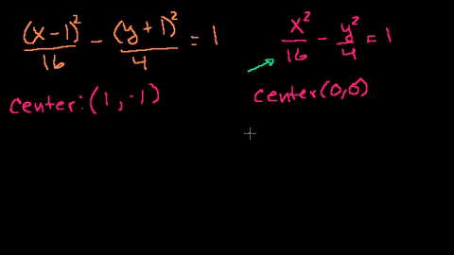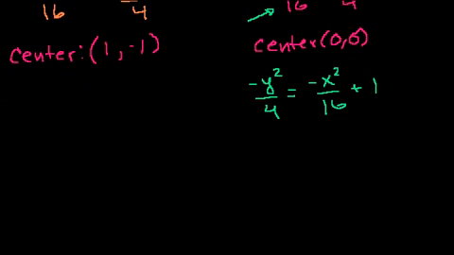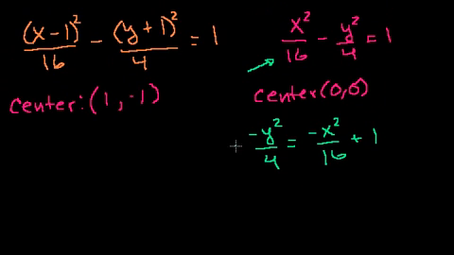So we get minus y squared over 4, subtracting x squared over 16 from both sides, equals minus x squared over 16 plus 1. I'm working on this hyperbola right here, not this one, and then I'm just going to shift it later.